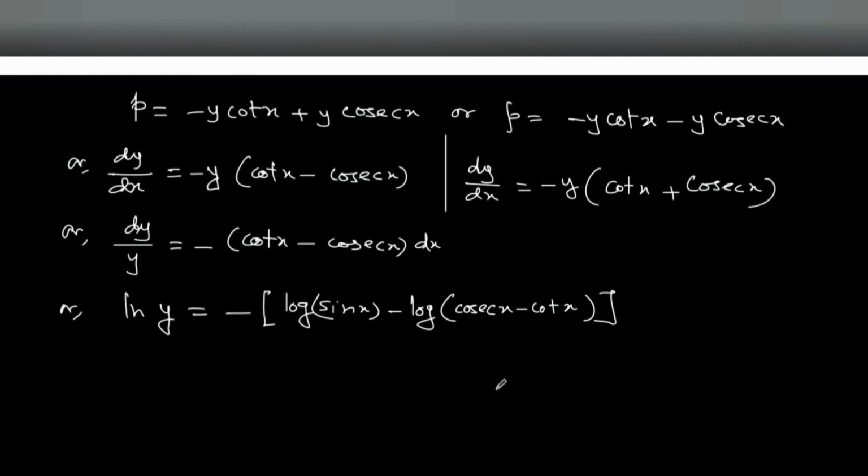because see, if we take the derivative of log of sin x, we will get 1 by sin x, and derivative of sin x is cos x, so we will have cot x.